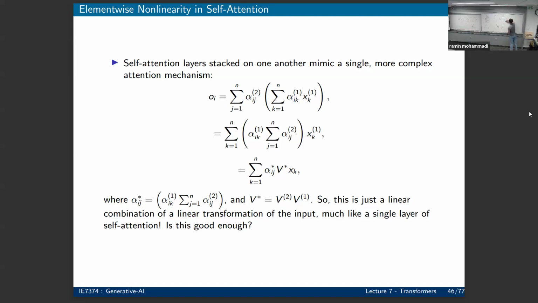Now, the next thing here is, what if we stack a bunch of attention layers on top of each other, like we are doing with self-attention, and repeat it, building layers of attention? Can this learn something like multi-layer LSTMs, when you stack LSTMs or RNNs on top of each other?